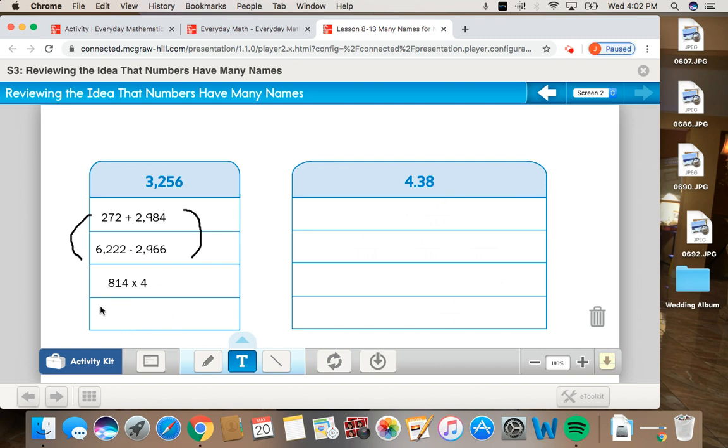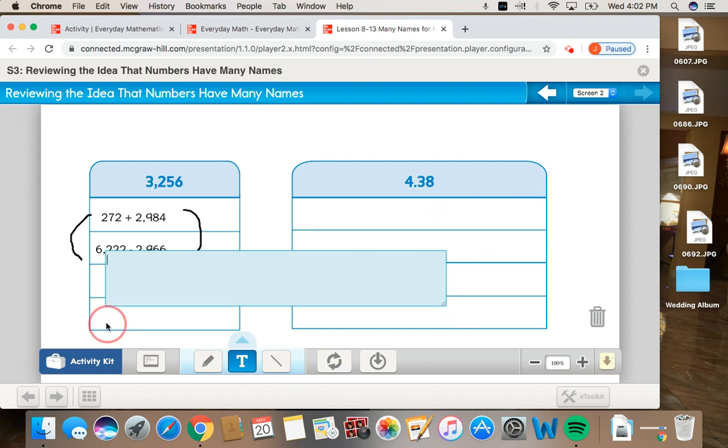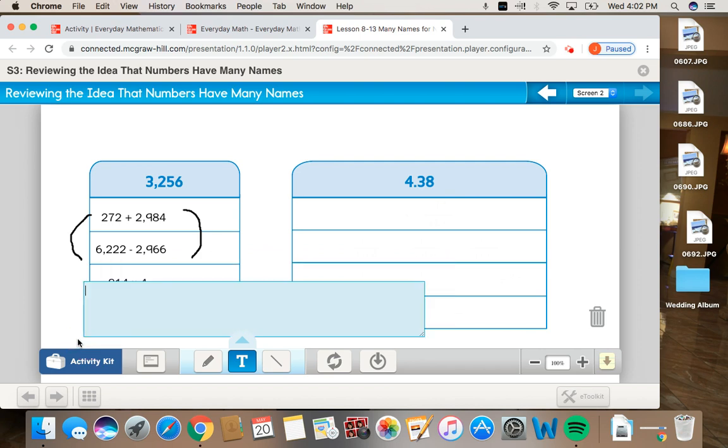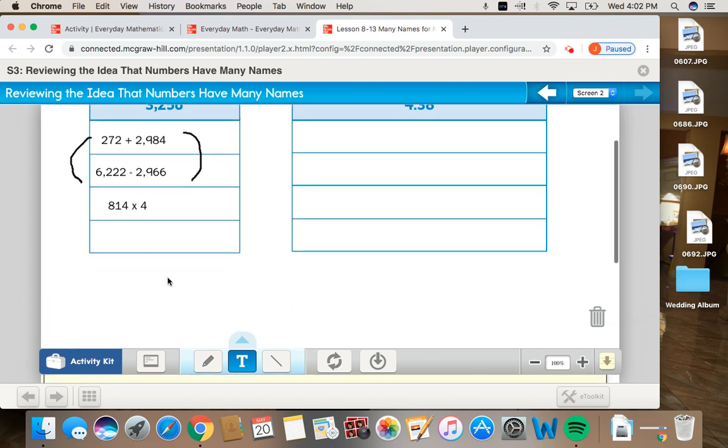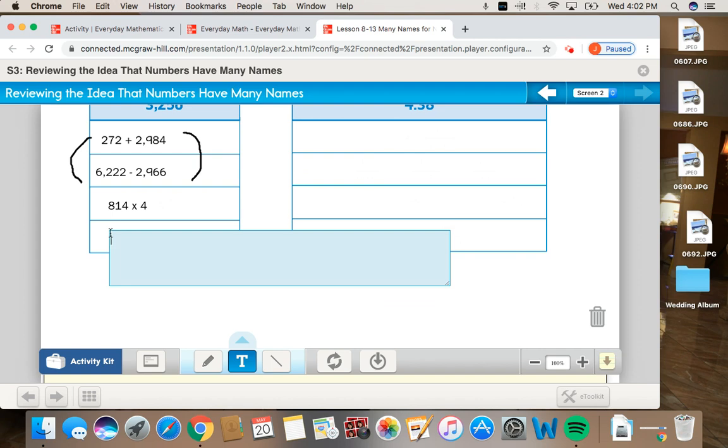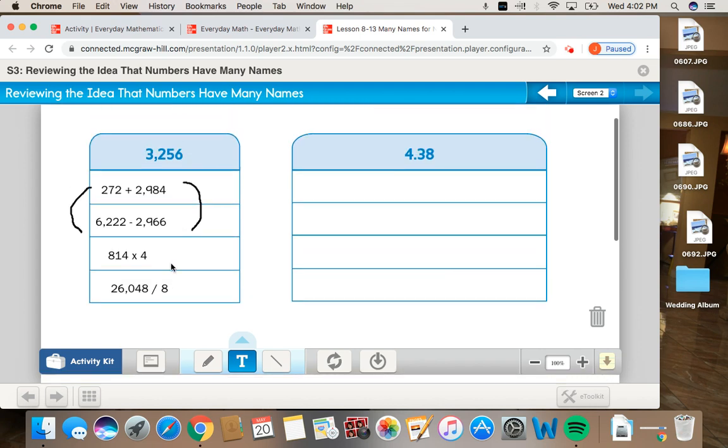And then I went ahead and I did a division problem. Okay, let me get this box where I want it. I came up with 26,048 divided by 8. And that equals 3,256.